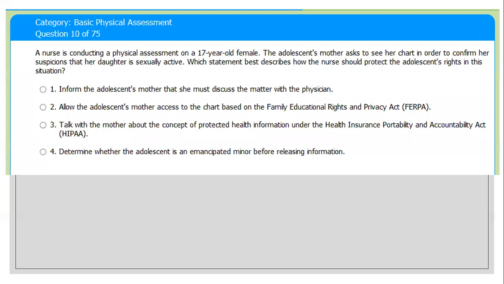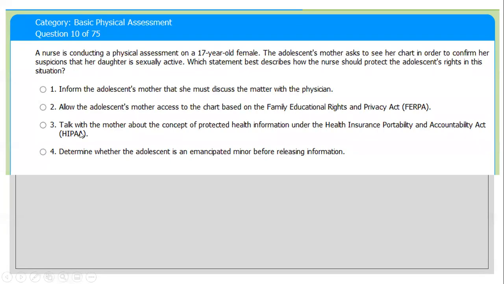We are healthcare providers, and our first priority is to protect our patient. Number one, inform the adolescent's mother that she must discuss the matter with a physician. But what is my role? Number two, allow the adolescent's mother access to the chart based on the Family Educational Rights and Privacy Act. Number three, talk with the mother about the concept of protected health information under the Health Insurance Portability and Accountability Act.